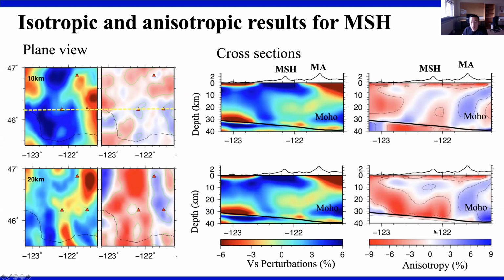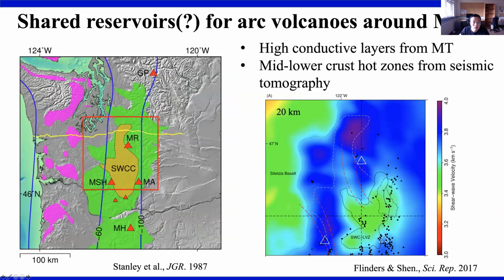these two volcanoes. I'm not going to talk about them in too much detail, but previous people have been arguing that they see relatively similar high velocity in this region, and they interpret this high velocity region, about 3.9 kilometers per second in terms of shear wave, as a sort of oceanic plateau. I can go back to this one.